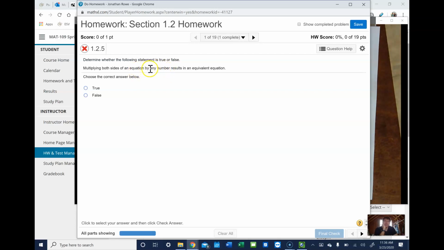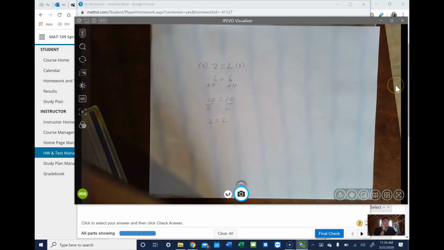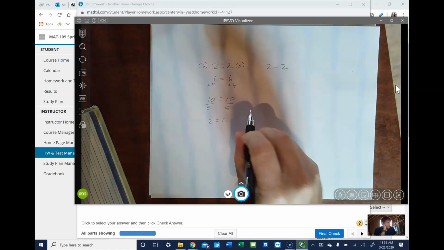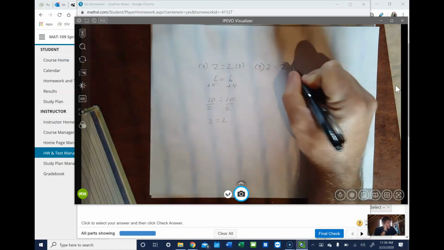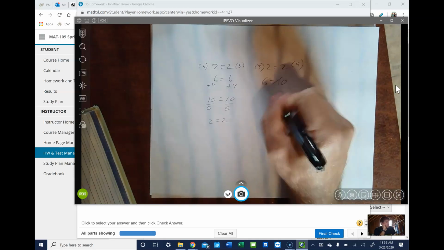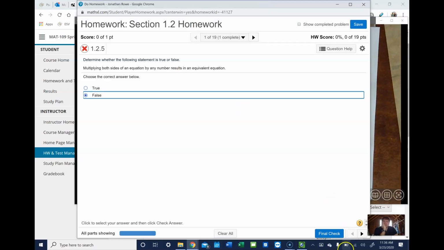Multiplying both sides of an equation by the same number results in an equivalent equation. So we're going to say false to that because it can't be any number. Let's look back here. If we have 2 equals 2 and then we decide to multiply this side by 3 and this side by 5, obviously we end up with 6 equals 10, which is not true. So that's why we're going to put false on this first question.